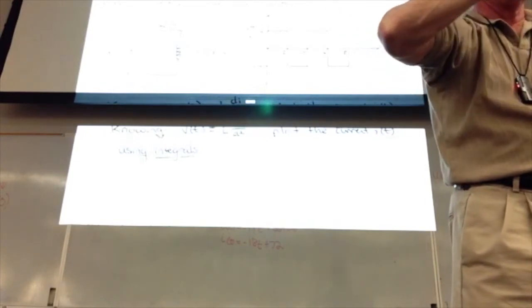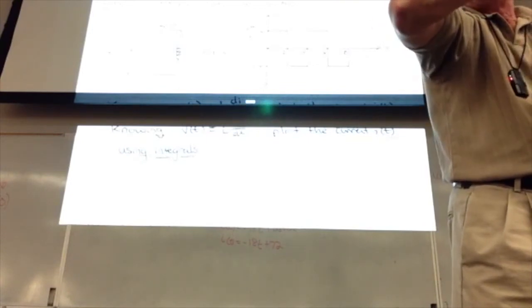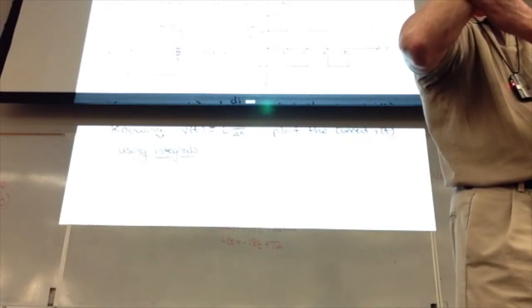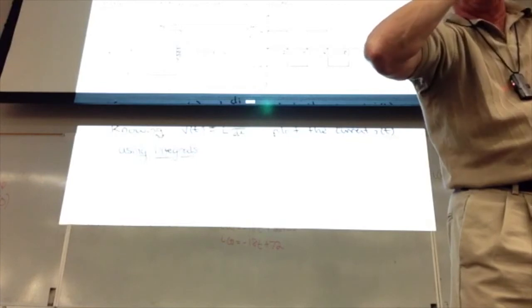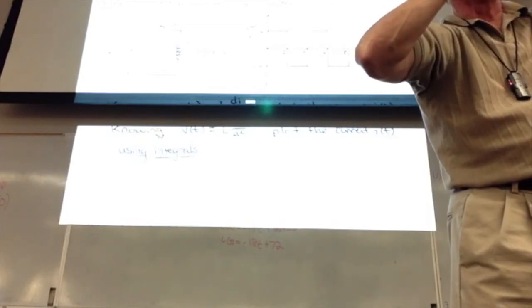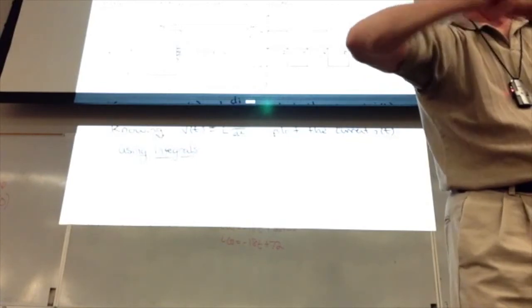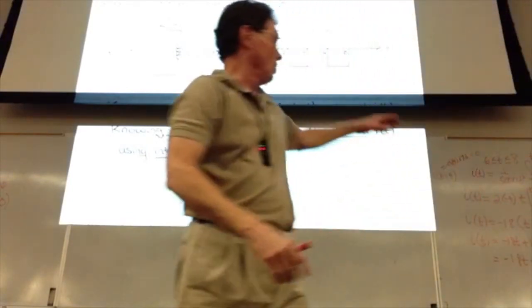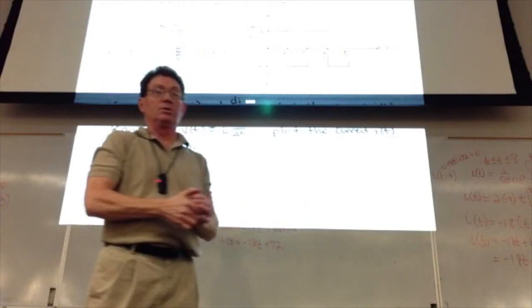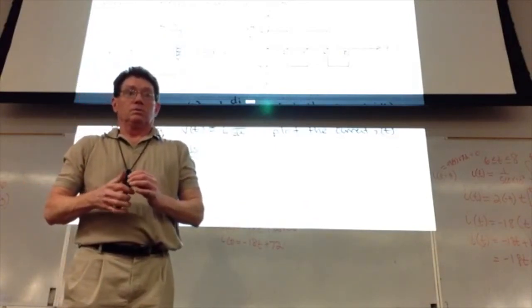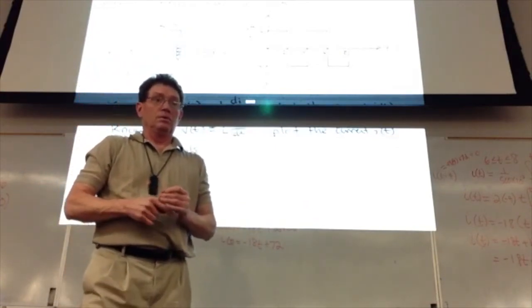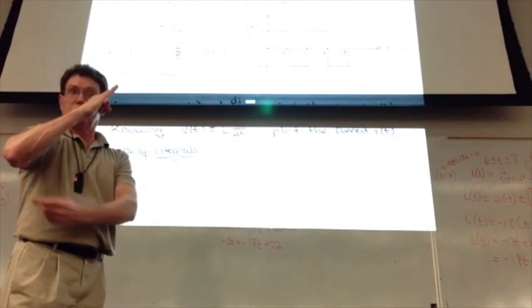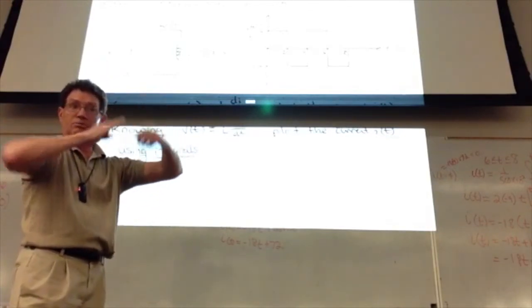If I now put in something like this, I'm integrating a linear curve. What am I going to get? I'm going to get a polynomial, a t squared. So you will get away from those linear relationships. The area under this now becomes quadratic.